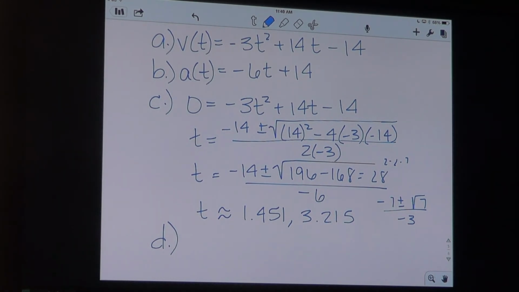Well, where does the particle start? At 0. Like for time or for position? Well, it starts at time 0, right? And position is going to be what?